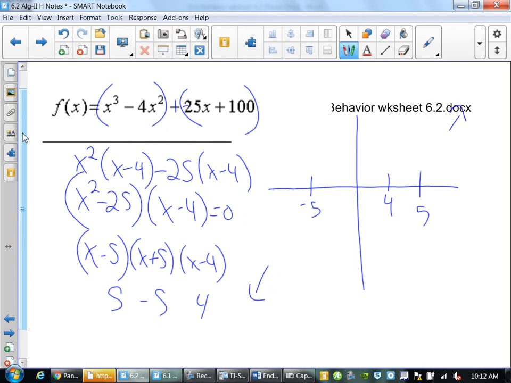So it's got to be increasing through 5. It's got to change direction here and come back up, doesn't it? Wait. It's a positive with an odd exponent, which means your tails are going up on the right and down on the left. I see. Okay.